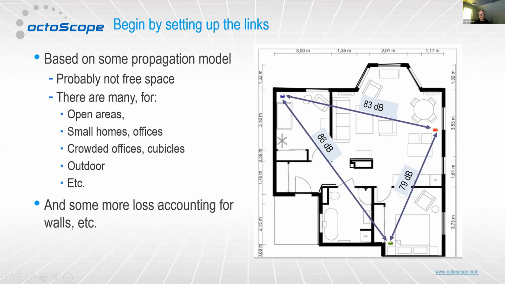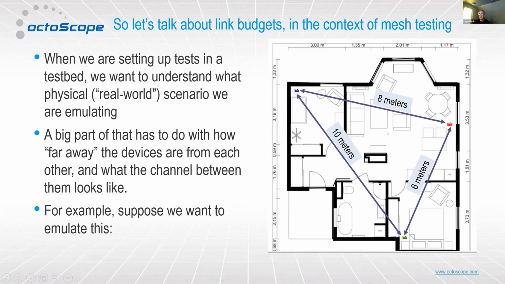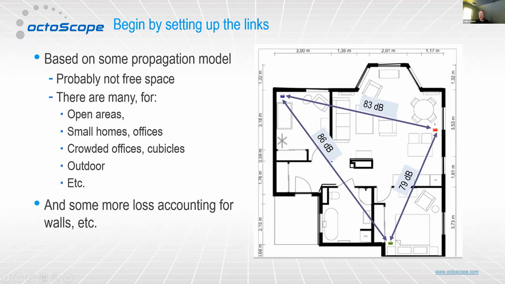And as I mentioned, there are measurements that tell you how much path loss you would get if you went through a wall of a certain thickness, made of a certain kind of material. So using all that information, we can actually translate from distance in this environment to path loss.